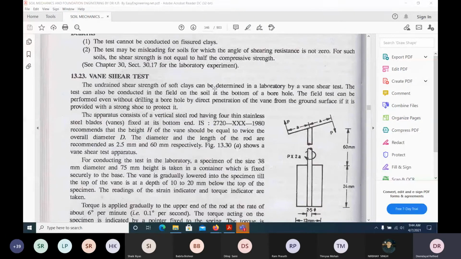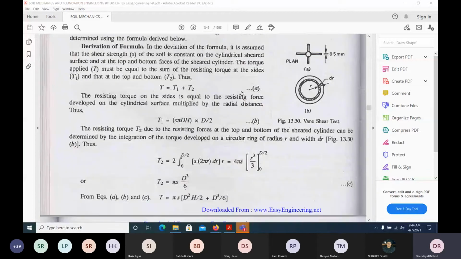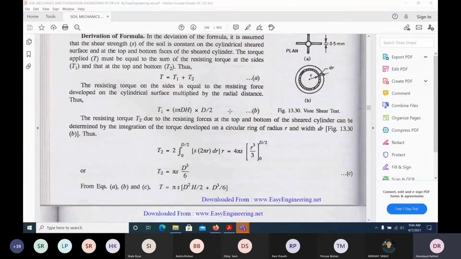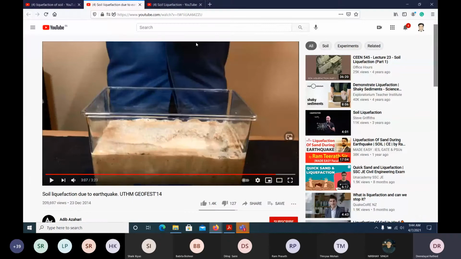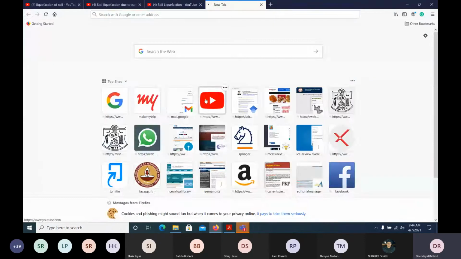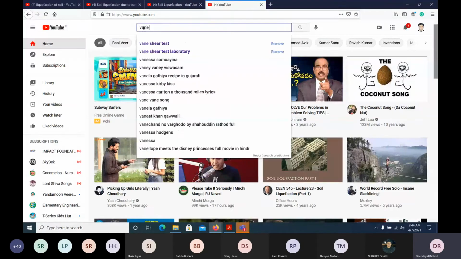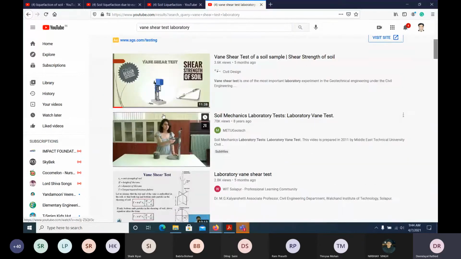Here we apply torque T. The derivation of the formula I can also explain, but first you see this particular vane shear test, then we can go ahead with that. Let me check if we have any videos for this vane shear test. Laboratory, right? We can have this vane shear test in the field also.